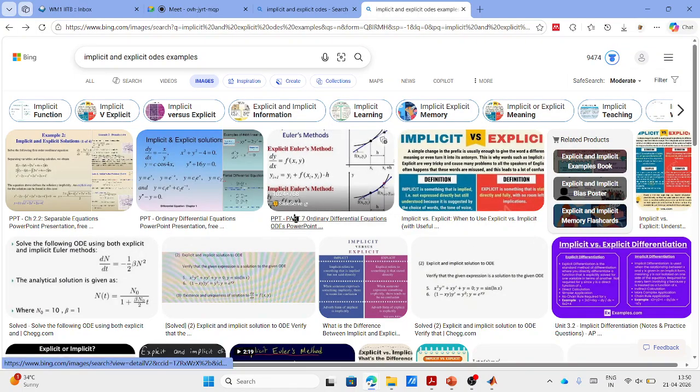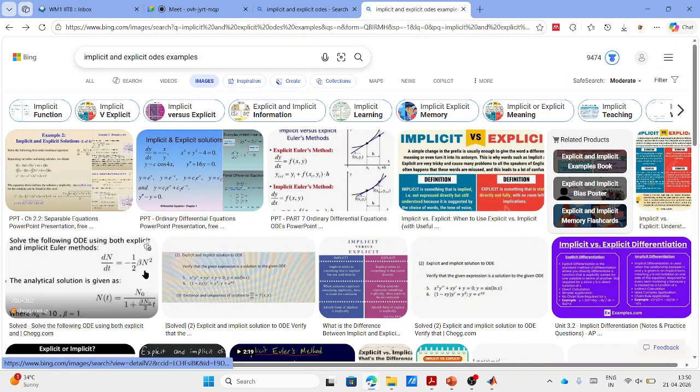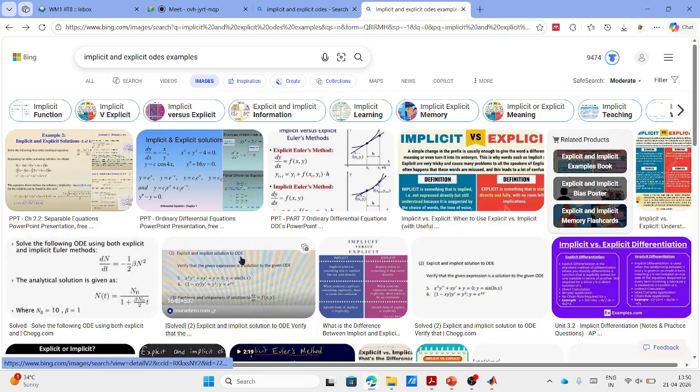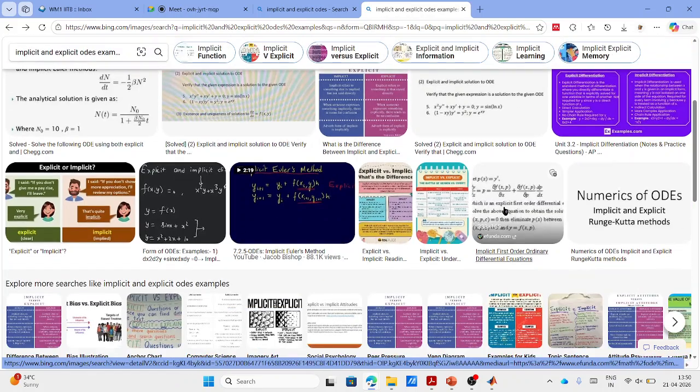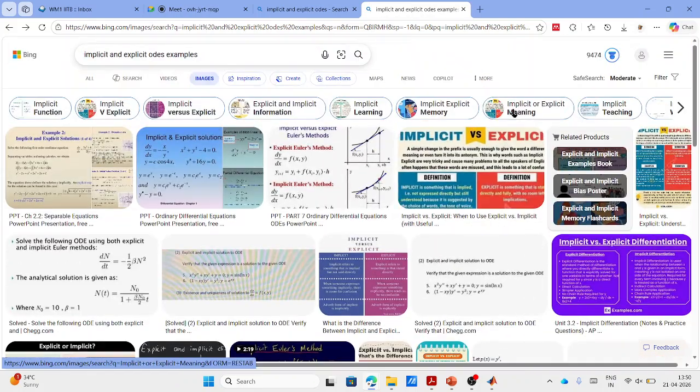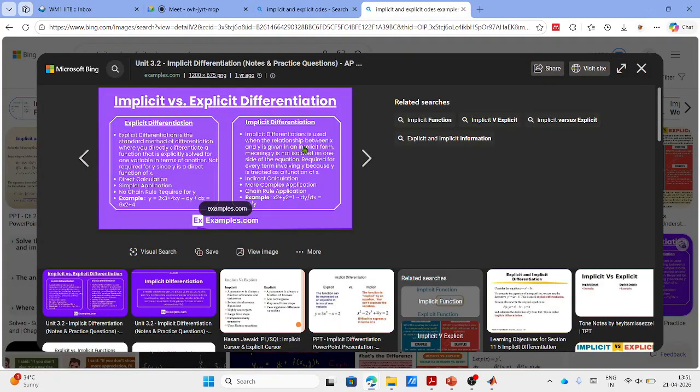So basically what happens is that the function itself contains the value of the independent variable also. So that becomes an implicit, and in the explicit, yeah, here.